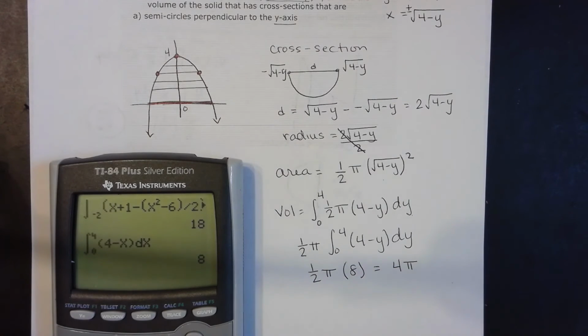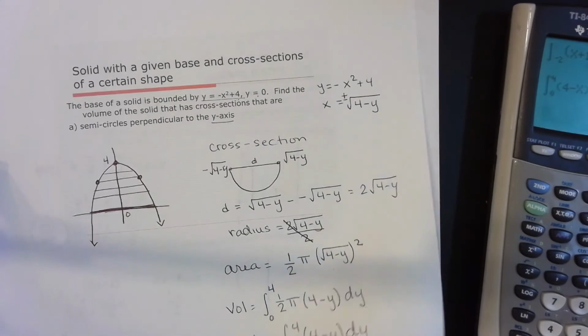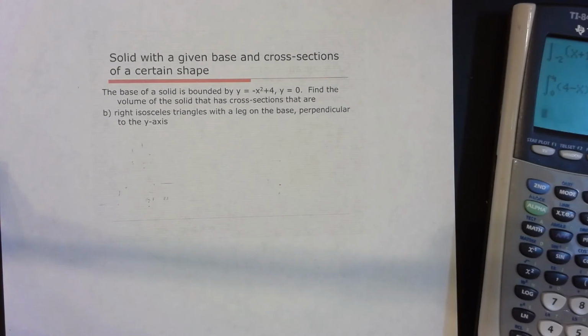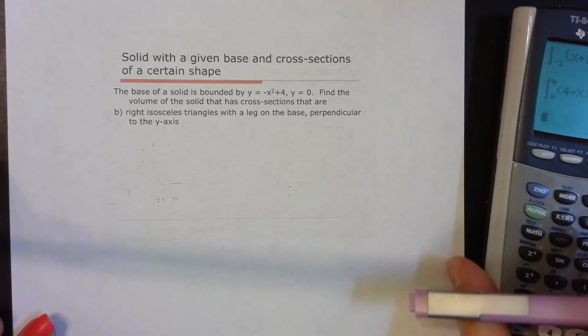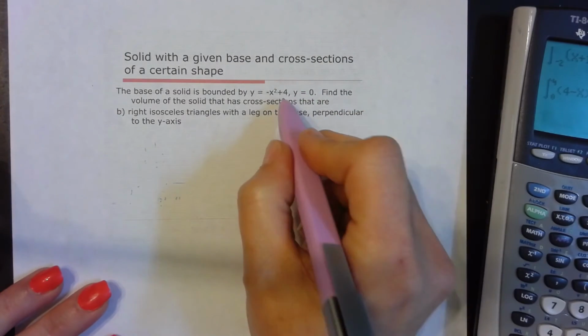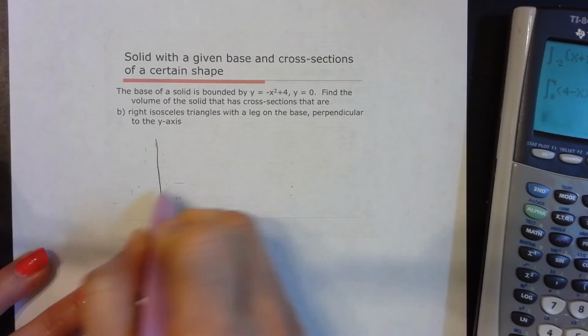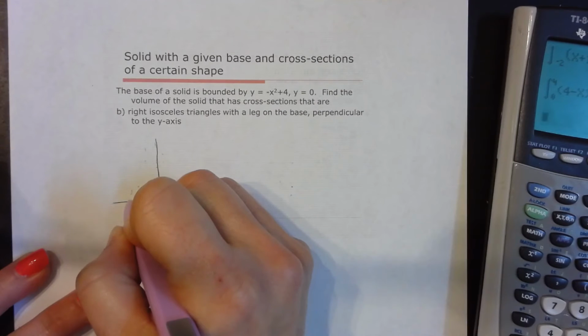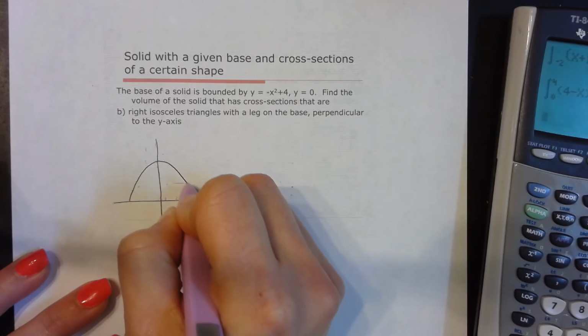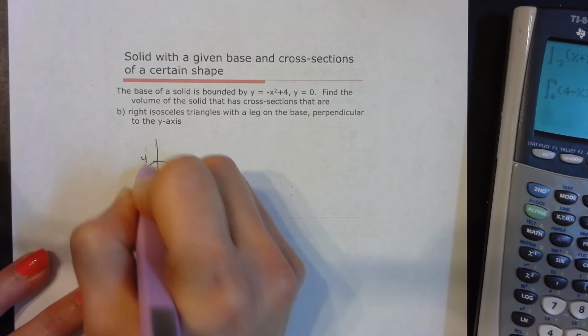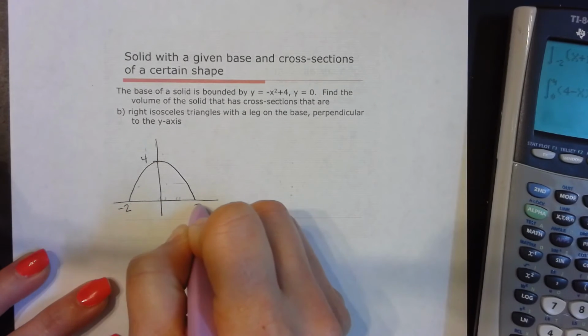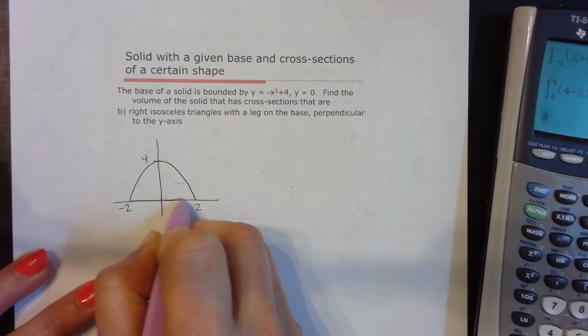All right, let's do one more of these. Okay, so we have the same curve. So this here is 4, this is -2 and 2, and I'm also bounding by the axis, and I'm slicing perpendicular to the y-axis.